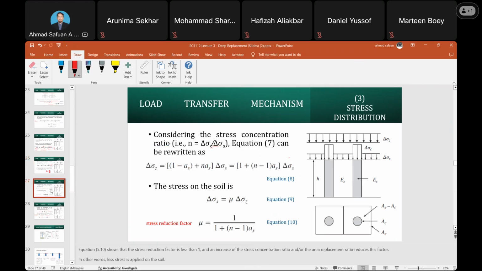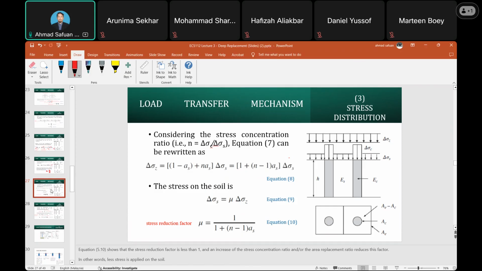Considering the stress concentration ratio, n equal to delta sigma C over delta sigma S, equation 7 can be rewritten as 1 plus n minus 1 AS times delta sigma S. That's equation 8. Now the stress on the soil is delta sigma S equal to mu delta sigma Z, which is equation 9.